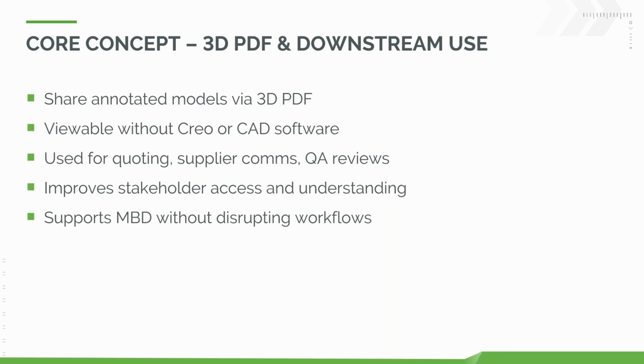I think I talked about this already, but yes, we can share a model in different 3D formats. So 3D PDF, Creo View, or directly back in Creo Parametric if we're sending it externally and somebody else also has Creo.